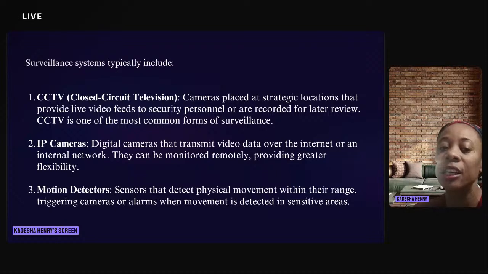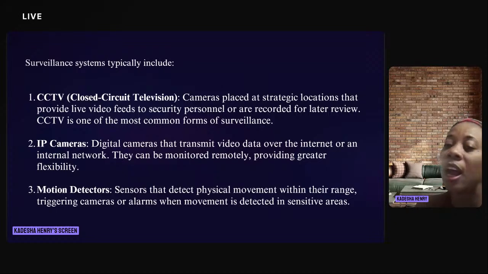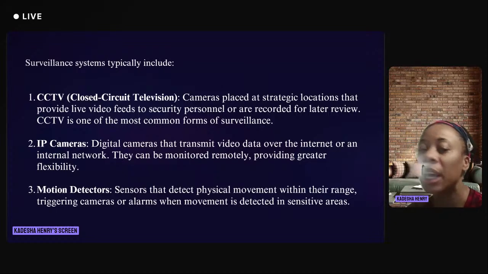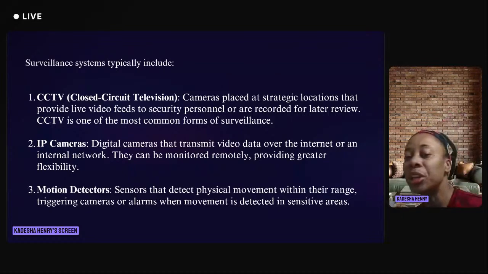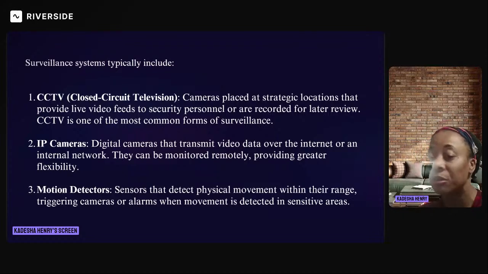The CCTV is one of the most common forms of surveillance, and we see it all the time on buildings.